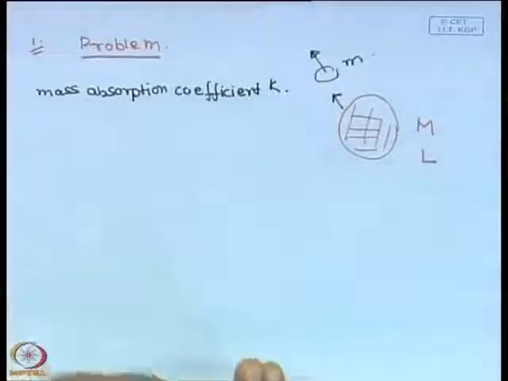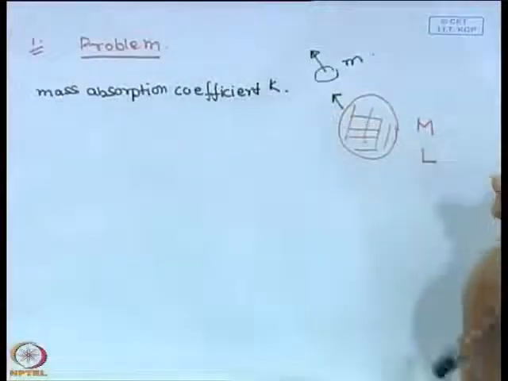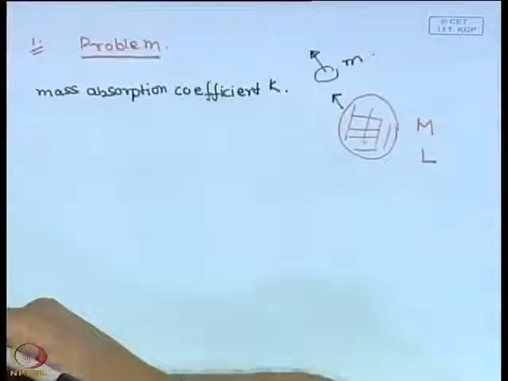Now, I have not introduced the mass absorption coefficient earlier. We have introduced the volume absorption coefficient alpha, which tells us the fraction of the incident radiation, that is energy, that is absorbed per unit volume. Here we shall work in terms of the mass absorption coefficient, so that tells us the same thing per unit mass.